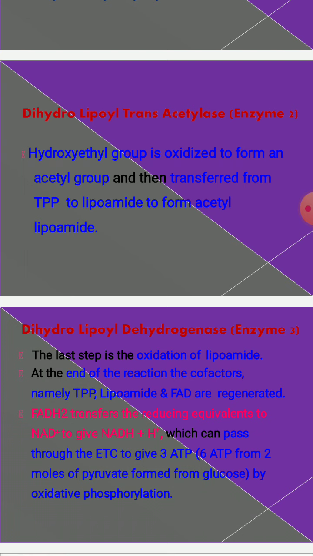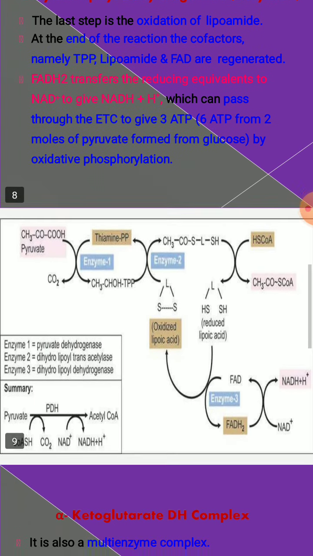So from the 2 moles of pyruvate, almost 2 NADH are produced, from this oxidation of the glucose molecule through the oxidative phosphorylation reaction we have seen in our glycolysis.